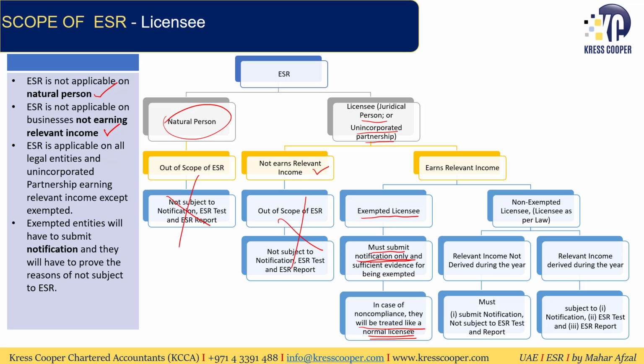Then we discussed non-exempted licensees, meaning juridical persons and unincorporated partnerships earning relevant income. There is a possibility that relevant income was not derived during the financial year; they must then submit the notification, but are not subject to the ESR test and ESR report submission.